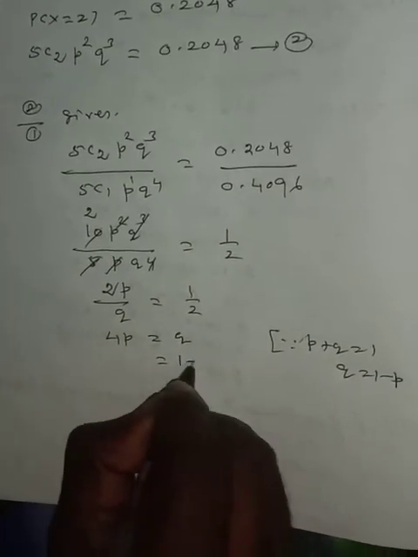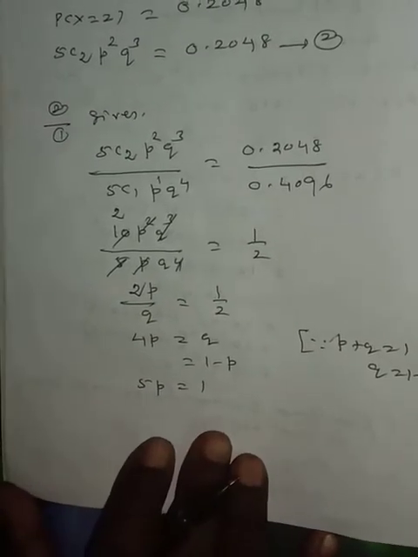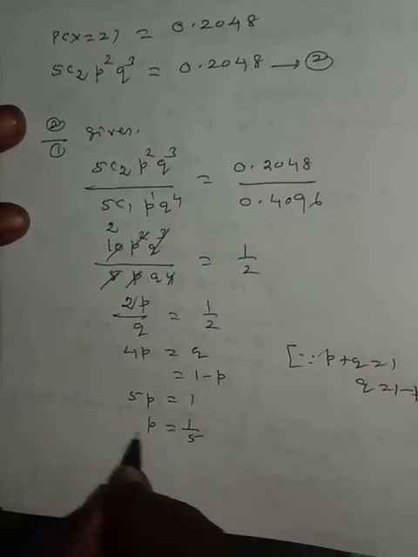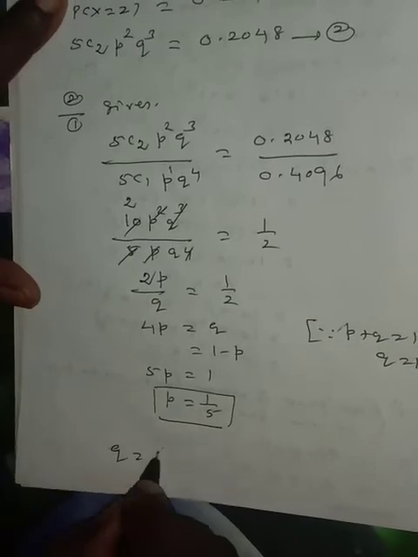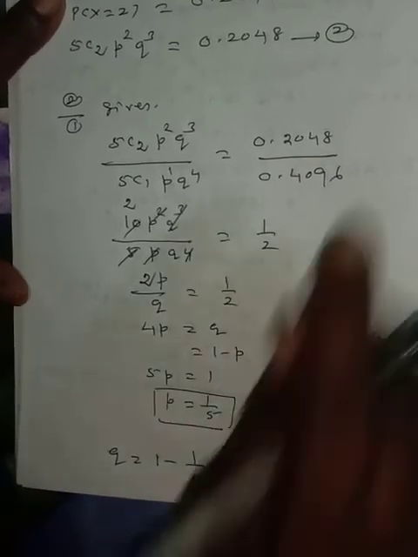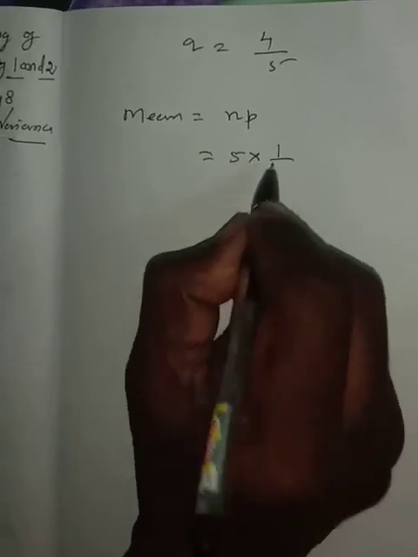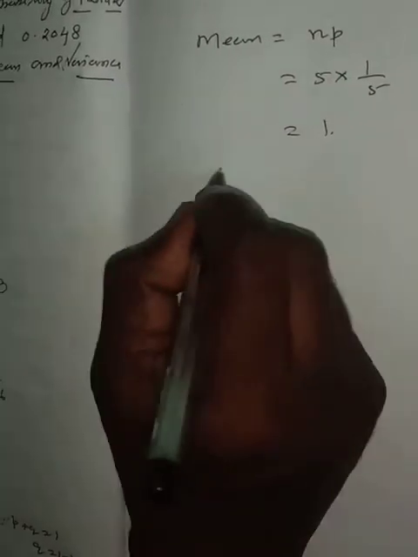Therefore 4p is equal to 1 minus p, 5p is equal to 1, p is equal to 1 divided by 5. Q is equal to 1 minus 1 by 5, which is 4 by 5. The mean is equal to np. N is 5, p is 1 by 5, so the answer is 1.